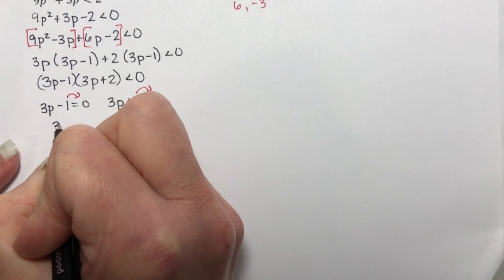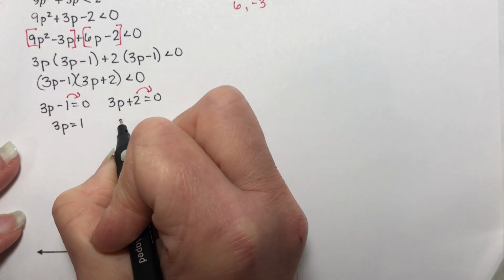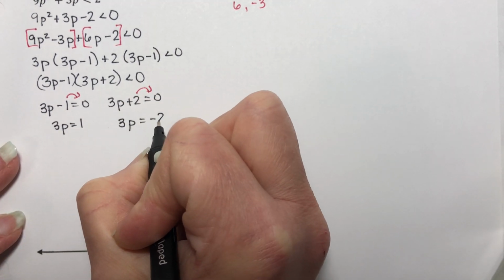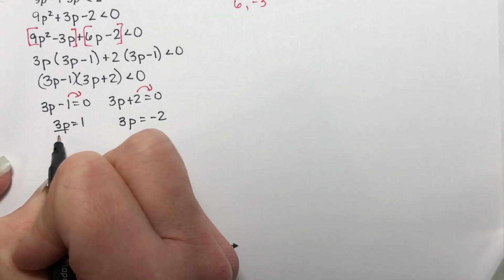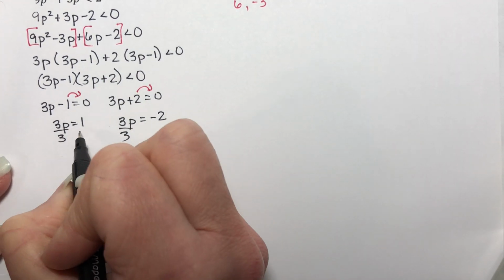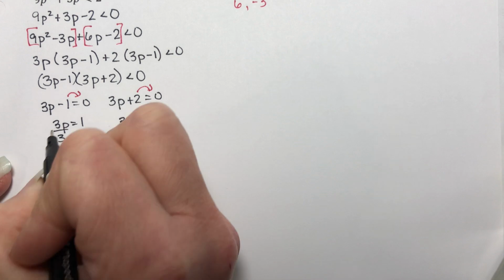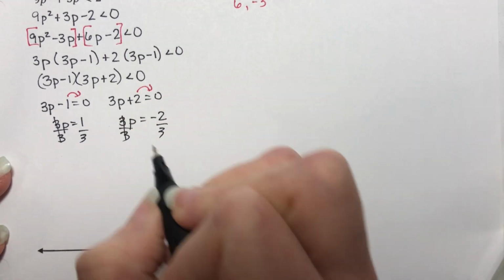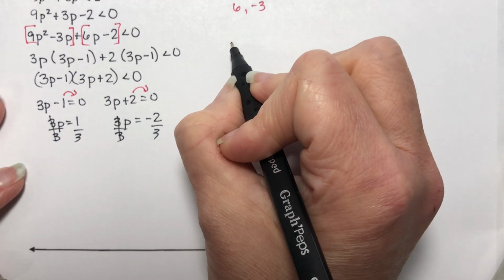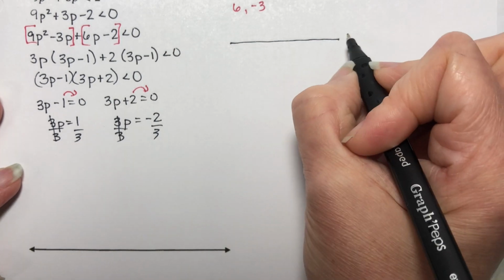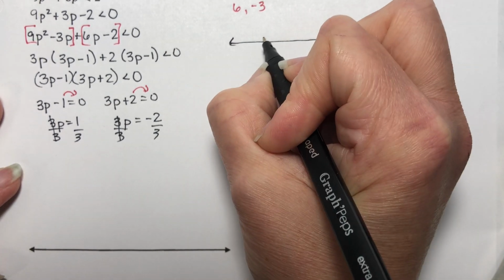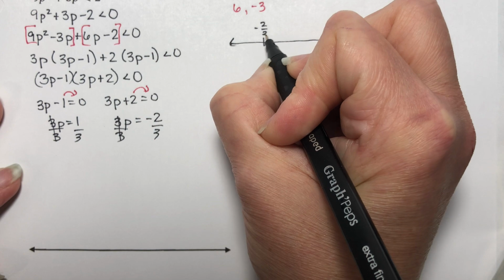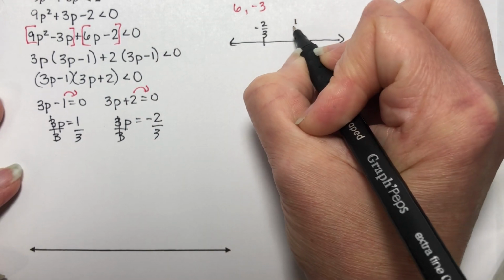So I get 3p equals 1, and 3p equals negative 2. Now divide both sides by a 3. And you get p is 1/3 and p is negative 2/3. So those values are the ones I'm going to put on my number line. Make sure that they are in order.